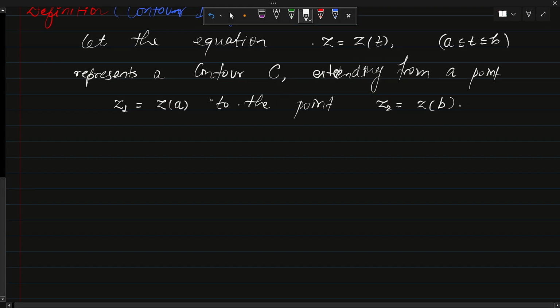Okay, so now this is about the supposition on the contour. Now we are going to write some supposition on the function.